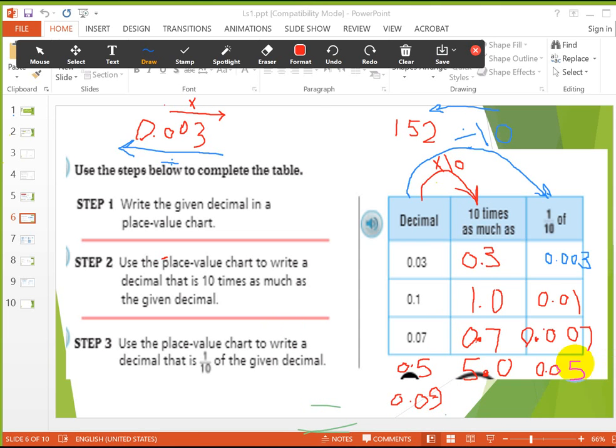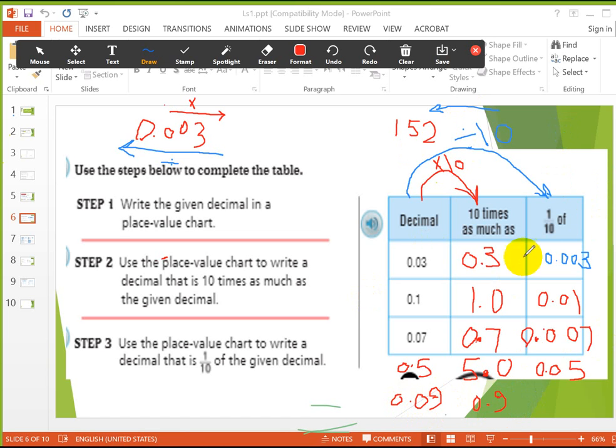Thank you, girls. I'm waiting for the others. I have to move the decimal point into the right side just one digit. Thank you, Rina. Thank you, Almas and Lana and Larissa. So it will be 0.9. If you move the decimal point right here, it will be 0.9.